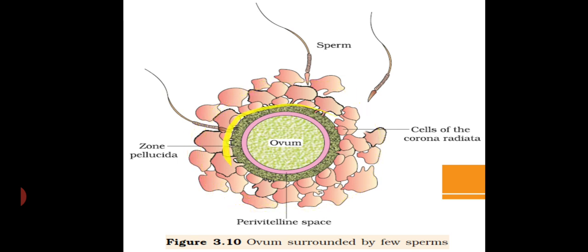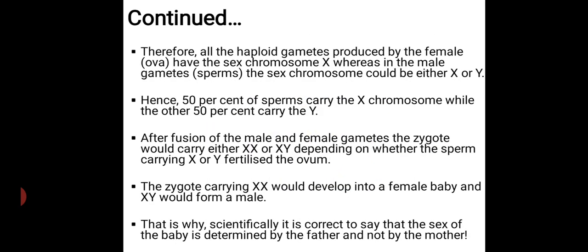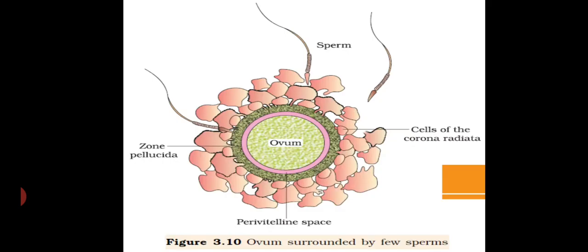Then it has an inner layer of zona pellucida, and then it has the perivitelline space. Perivitelline space is present in between the cytoplasm of the ovum and the zona pellucida region.